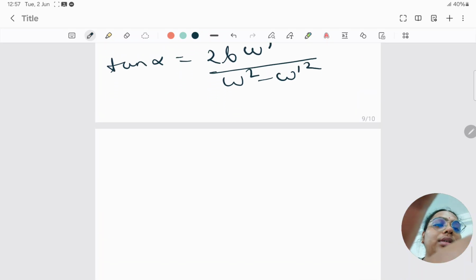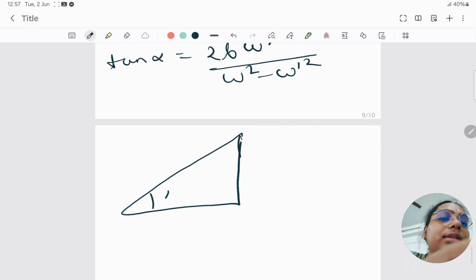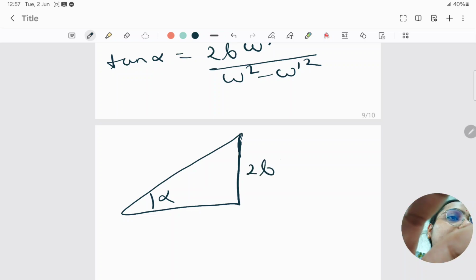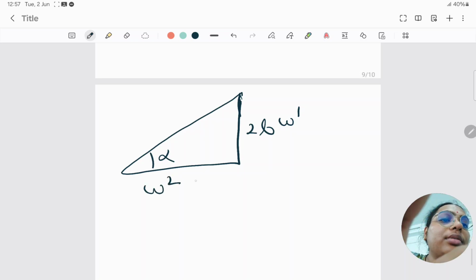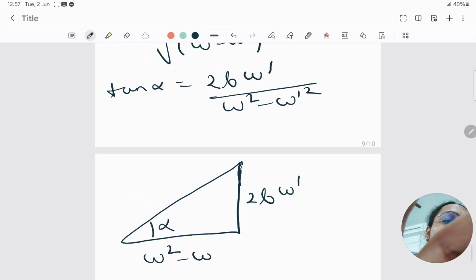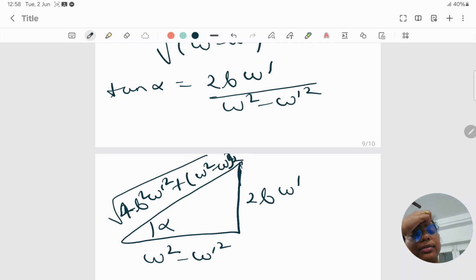Okay, so tan alpha, let's plot this diagram. This is alpha. This will be 2bω', and this will be ω² − ω'². Okay, so what will be this? This will be the root of 4b²ω'² plus (ω² − ω'²) whole square.